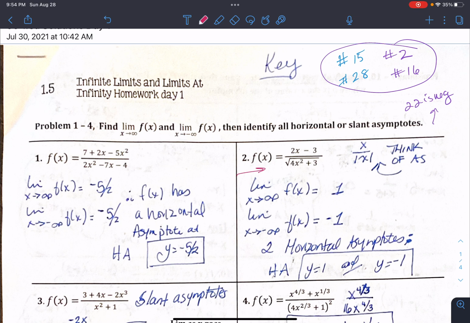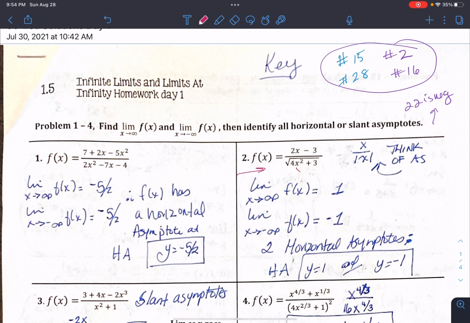When you take the square root, and you're trying to figure out the horizontal asymptotes, you take the limit as x goes to infinity, and you're thinking of this as x over the absolute value of x.